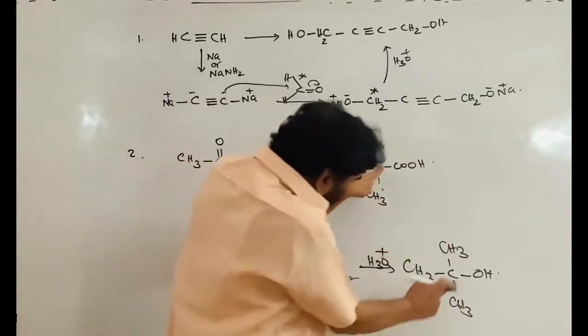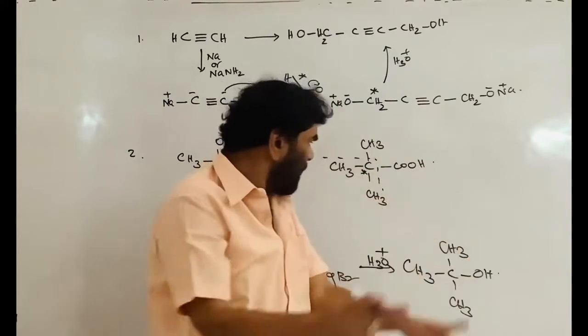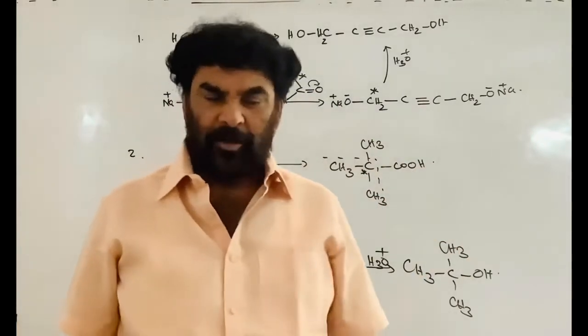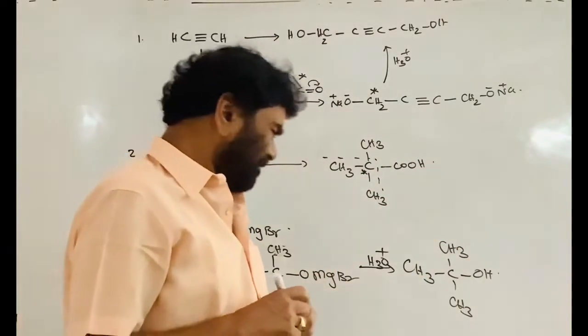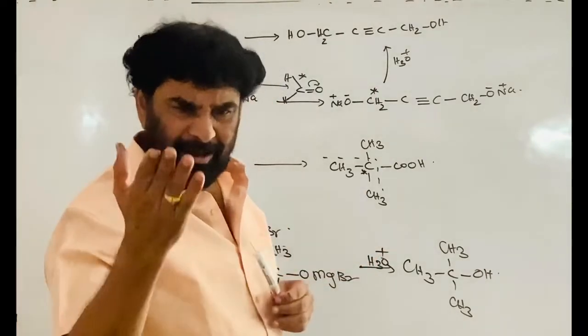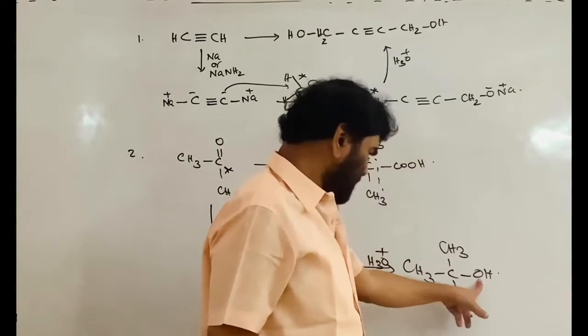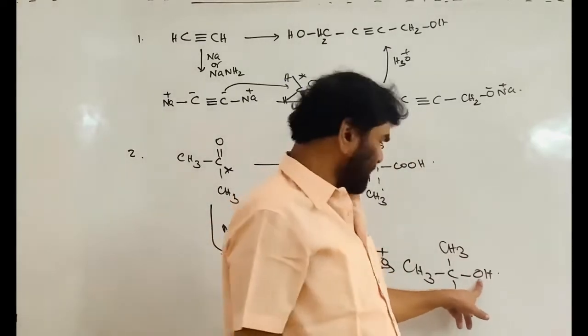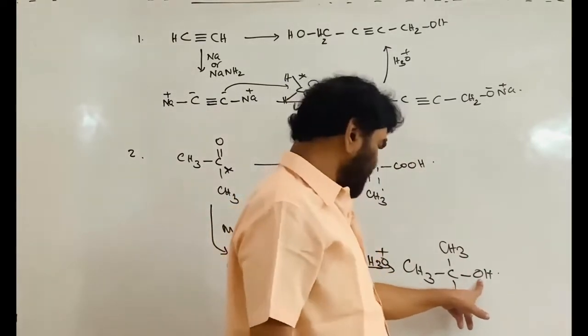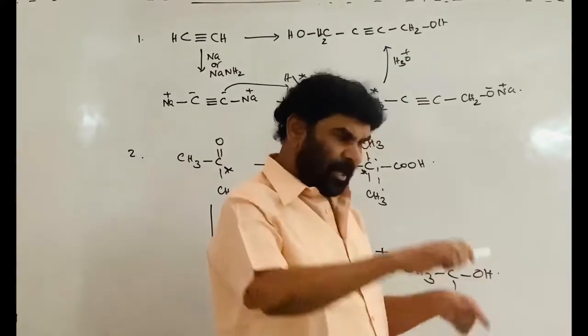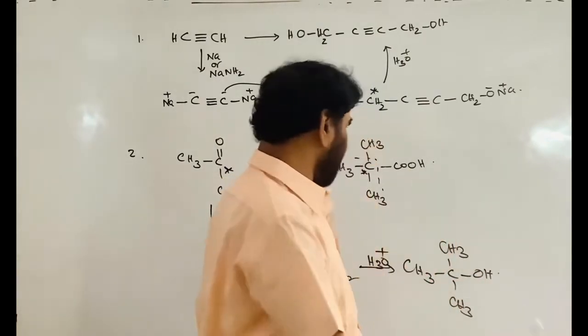Now the OH has to be replaced with COOH. To introduce the COOH, there are many ways. One way is to treat with PCl5, or HCl or HBr, and chlorine is introduced. Through the chlorine, we can introduce the cyanide group.